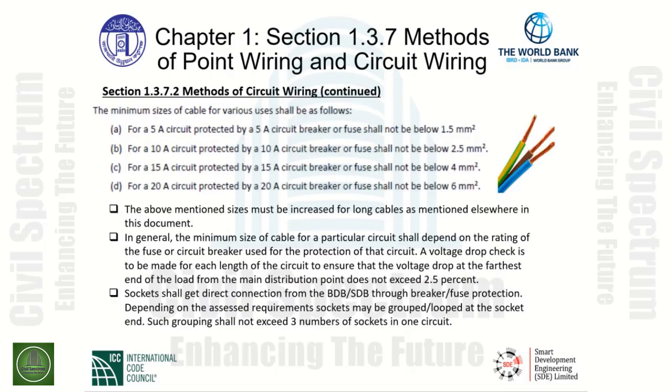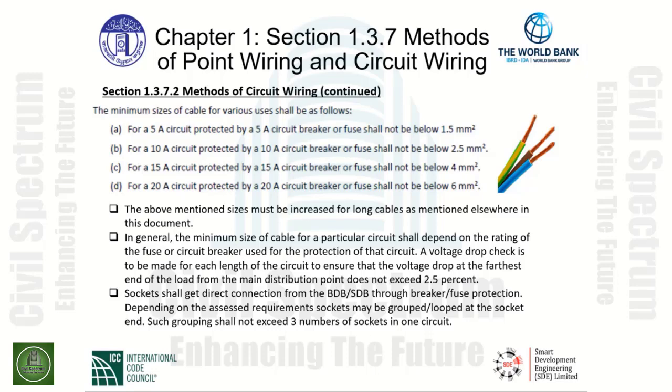Methods of circuit wiring is continued. The minimum sizes of cable for various uses shall be as follows. Item A, for a 5 amp circuit protected by a 5 amp circuit breaker or fuse shall not be below 1.5 millimeters squared.